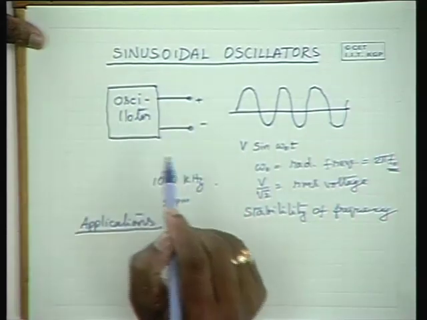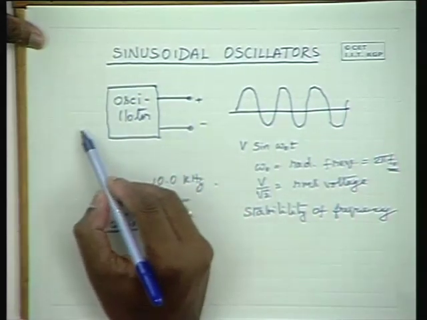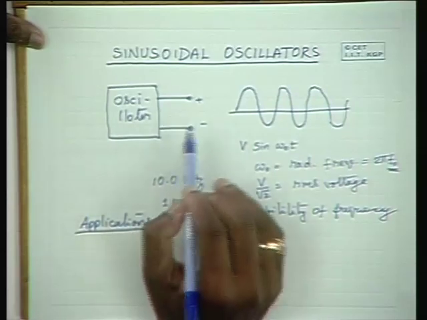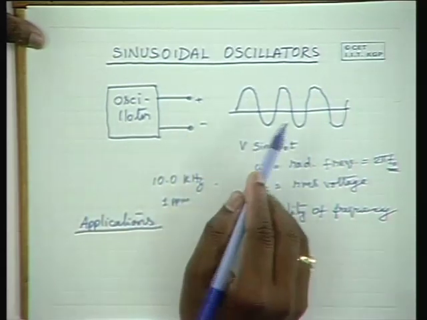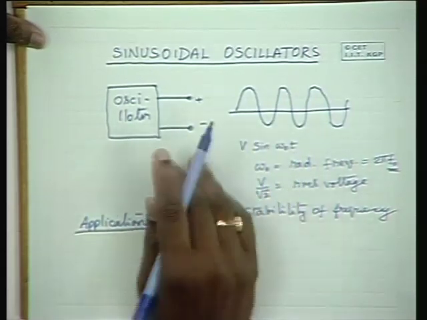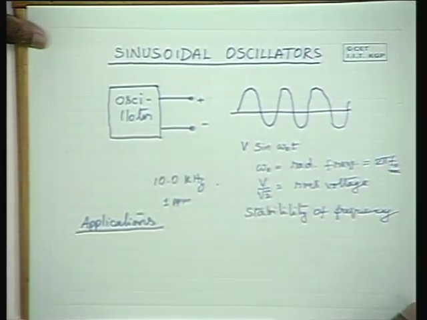Now, the question is how to produce these oscillations. If you view this oscillator as an amplifier, there is no input being applied and it is producing an output. It is creating a sinusoidal output. How is this possible is the question.